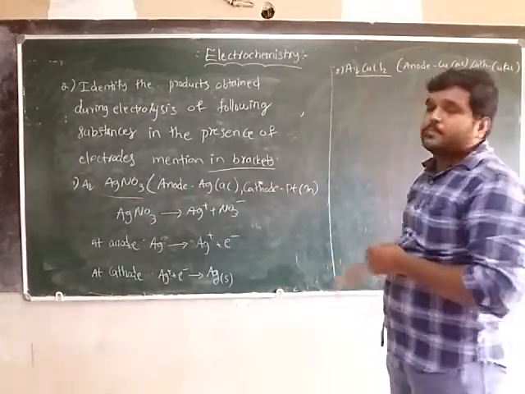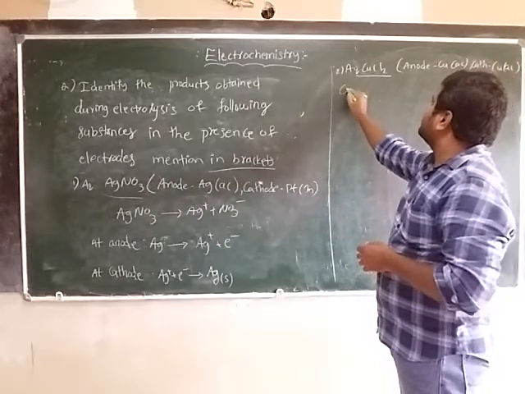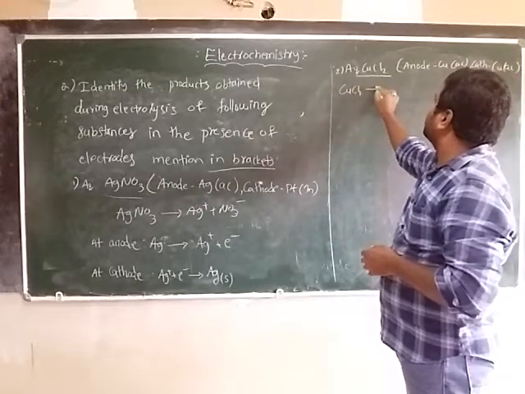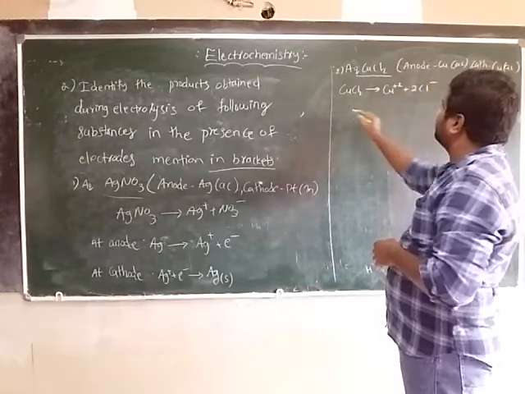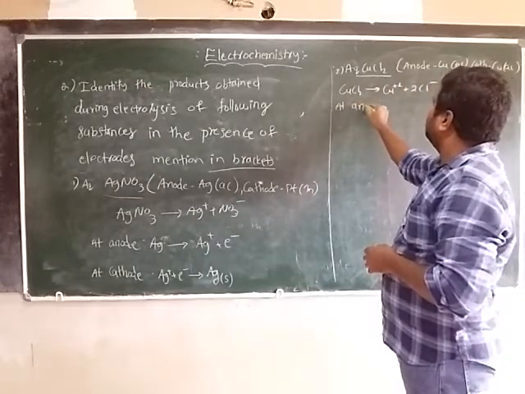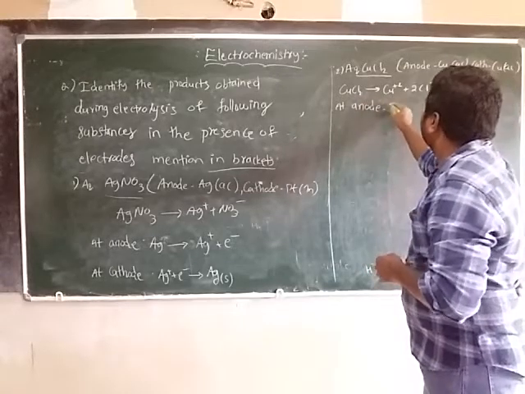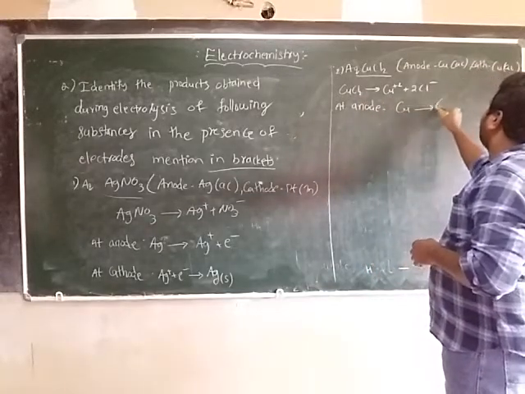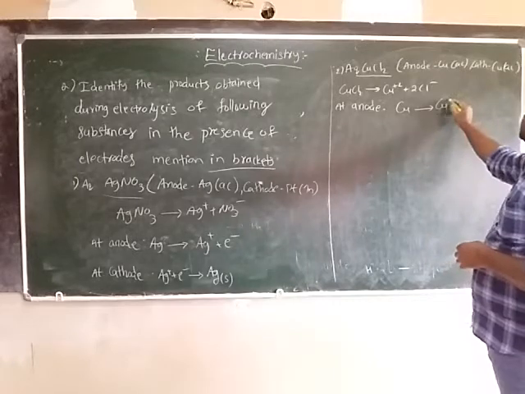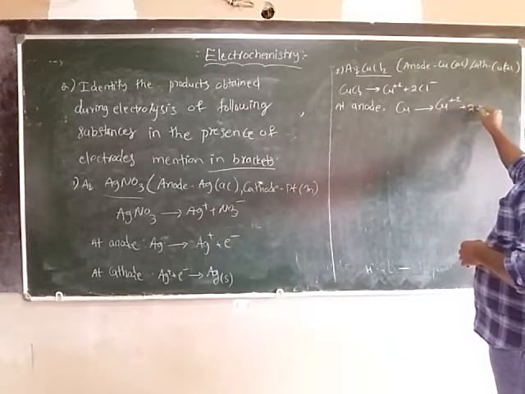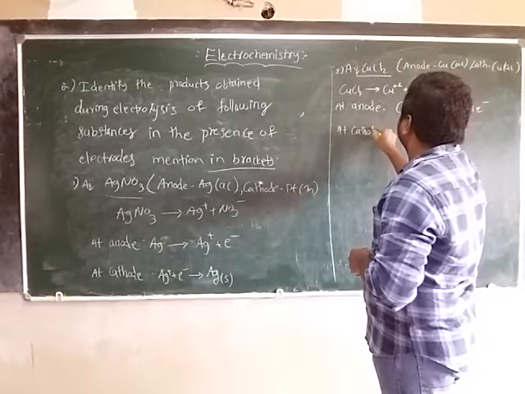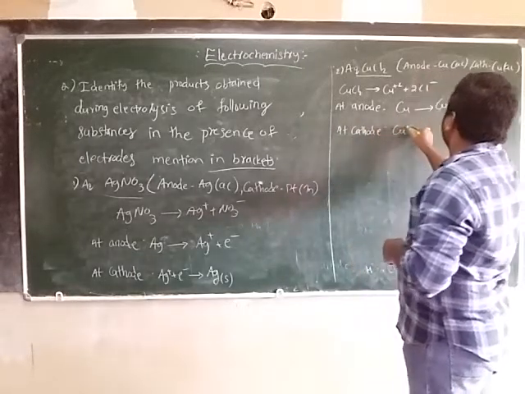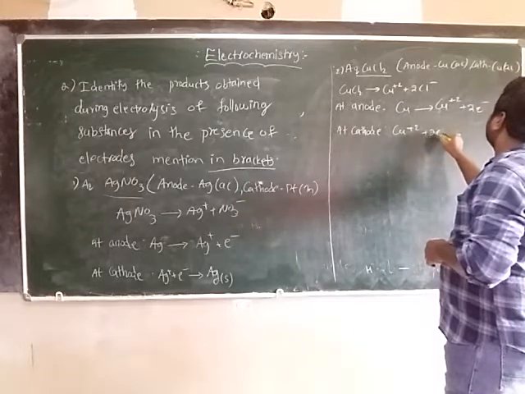Next, suppose aqueous CuCl2, which gives Cu2+ plus 2Cl-. The anode is active Cu, and at the cathode Cu2+ plus 2 electrons gives Cu.